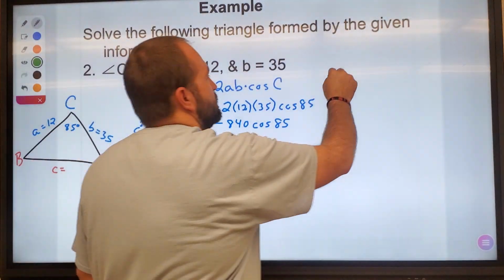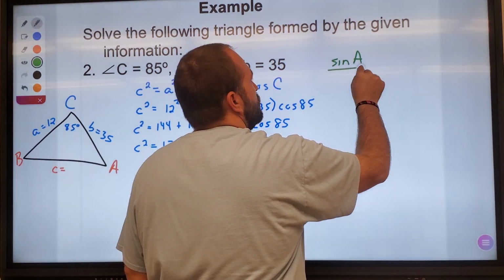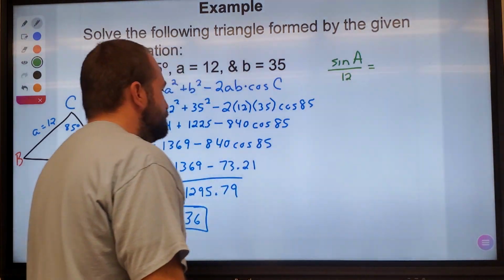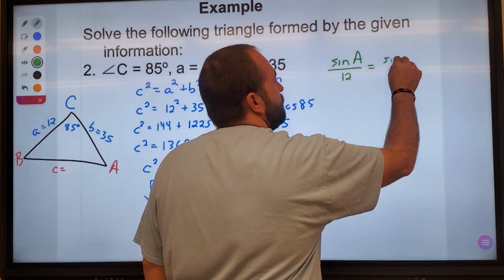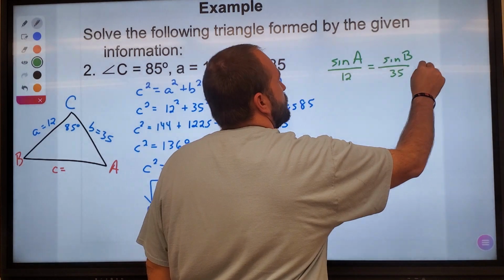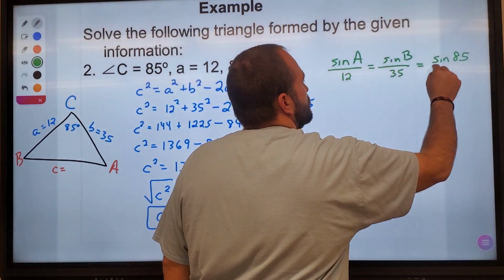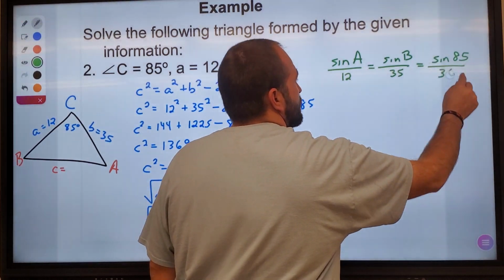So law of sines is sine of angle A, which we don't know, over side A, which was 12, equals sine of angle B over 35, which equals the sine of 85, or sine angle C, over the 36 that we just found.